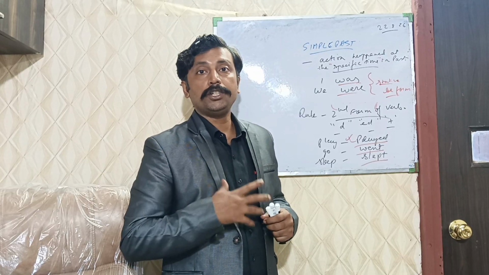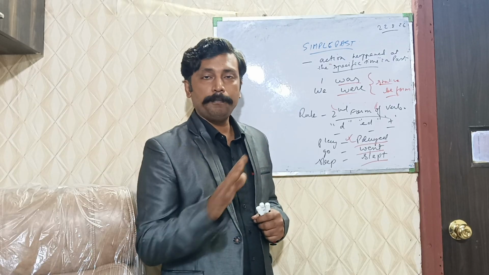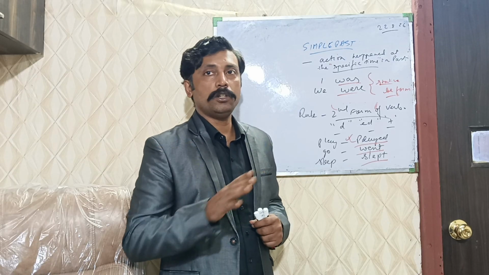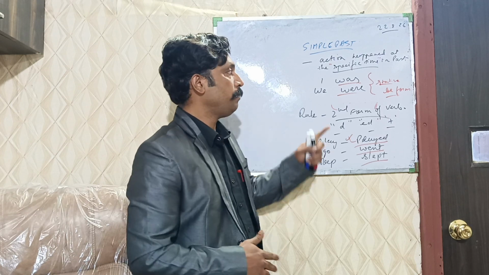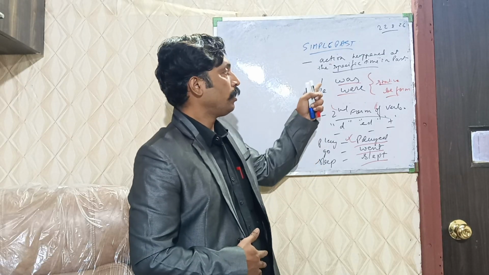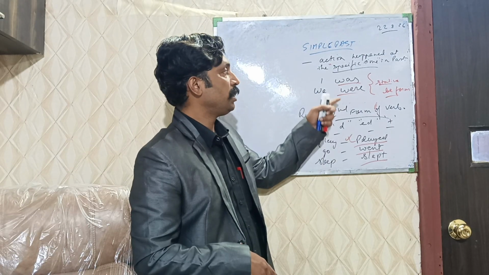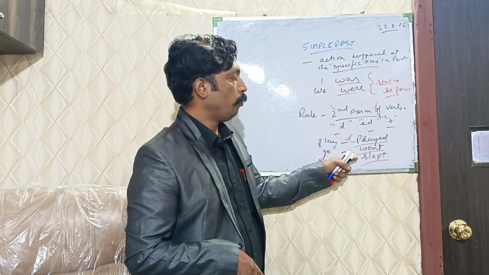Only when you are doing continuous tense, then you use was plus verb plus ing. But in the simple past tense, don't get confused and don't use was with any action. Many students make the mistake of saying "they was play cricket," or they use the past form two times, they say "they was played," then they say "they were went."